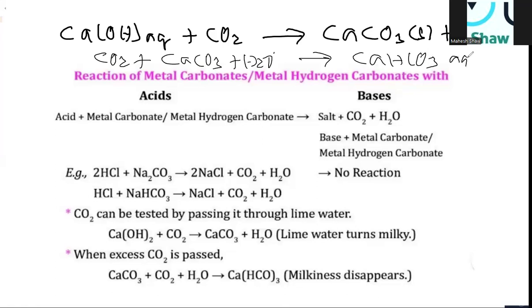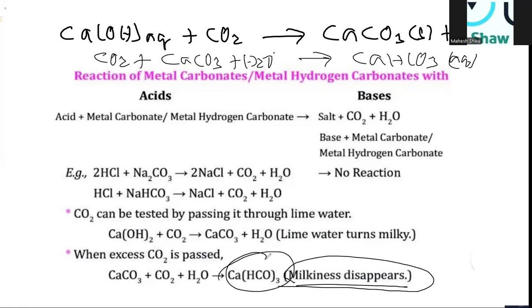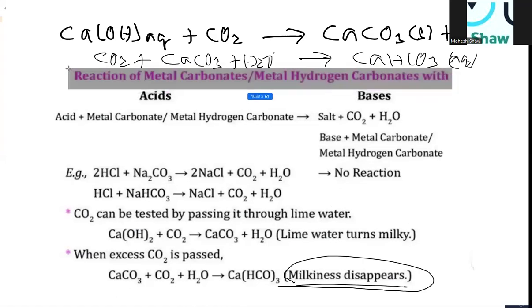And this is aqueous. That's why the milky color disappears. So when excess carbon dioxide is passed through the lime water, milkiness of the lime water disappears due to the formation of a soluble salt, which is calcium hydrogen carbonate.